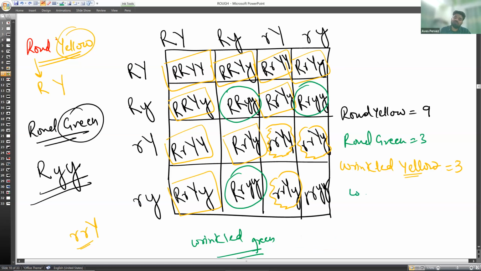So this is wrinkled green. Wrinkled is not dominant over round, so both should be small r, and green is not dominant over yellow, so both should be small y. So this is only one wrinkled green. Got it?